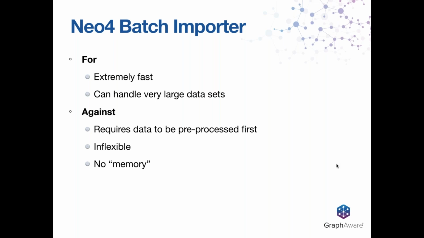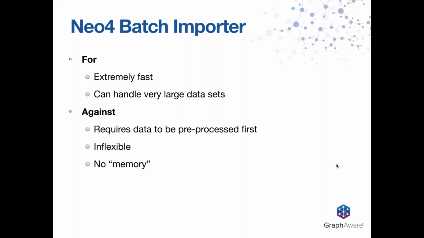You can't really do very much with your data once it's being loaded by the batch importer, because it requires your data sources to be pre-processed first. So, for example, if you have a bunch of data files, maybe in Excel spreadsheets, you'll need to export those out to different nodes and relationship files, and then run the batch importer against those different nodes and relationship files. So in that regard, it's a little bit inflexible.